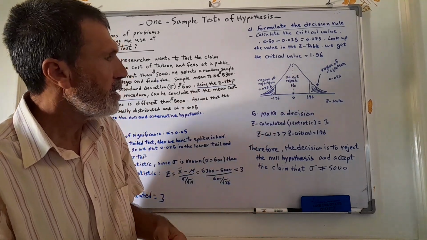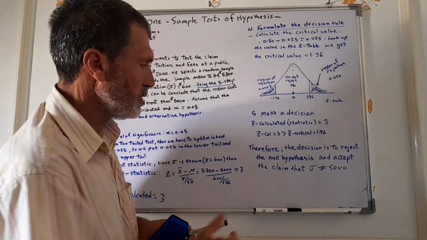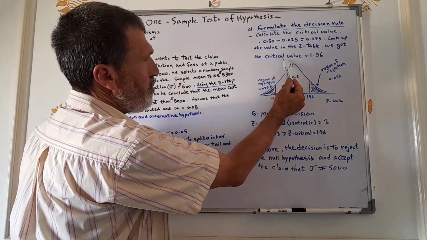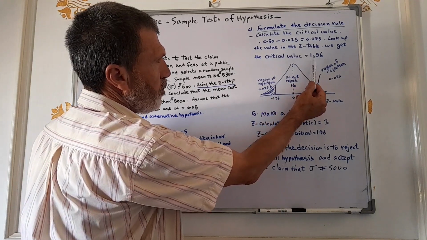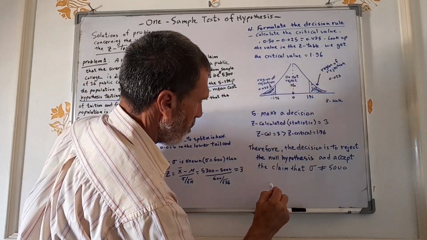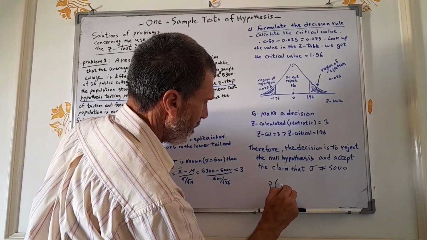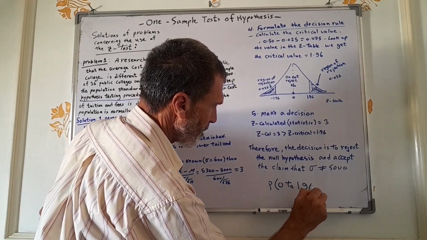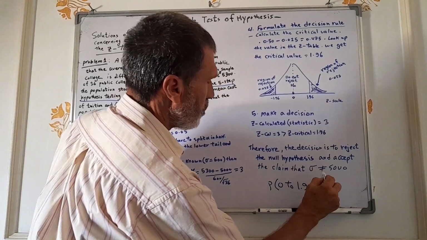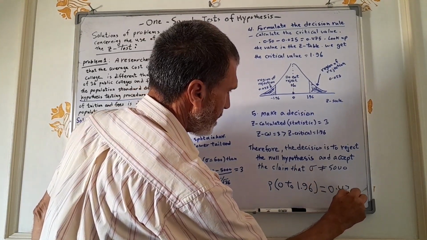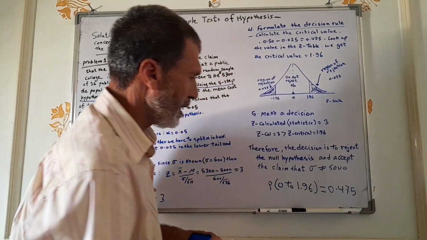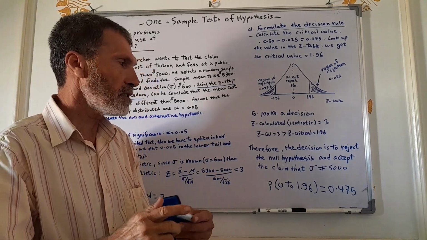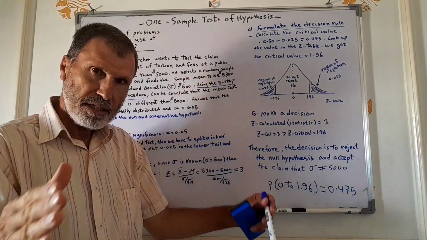Here what we're saying is that the probability of 0 to 1.96 is equal to 0.475, because, as I said, the Z table in the appendix is based on half of the area under the curve.